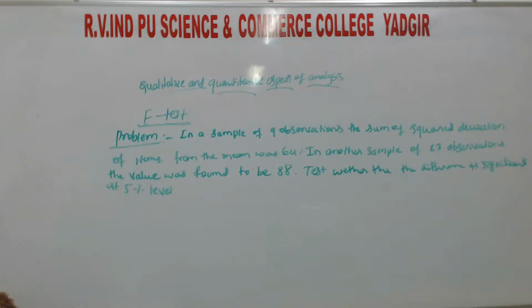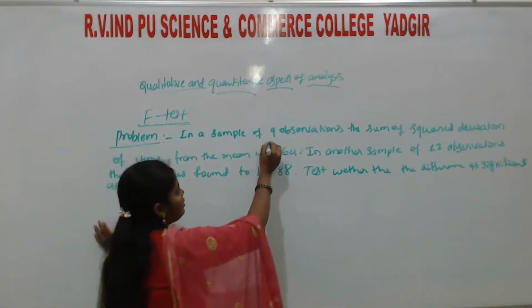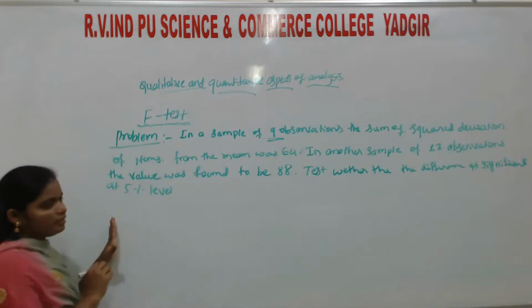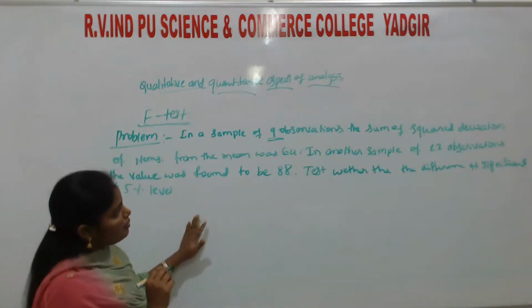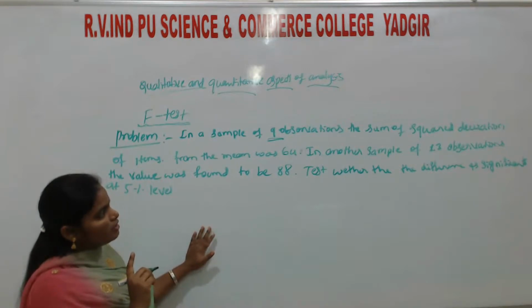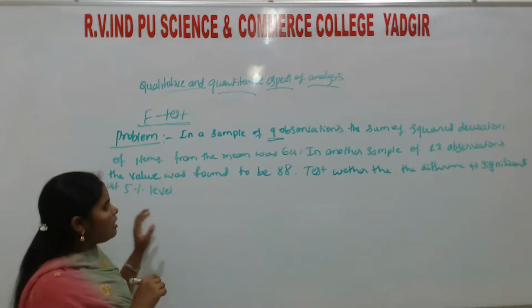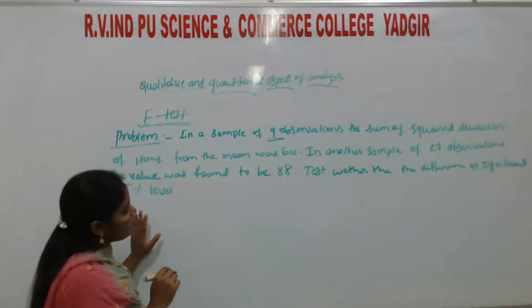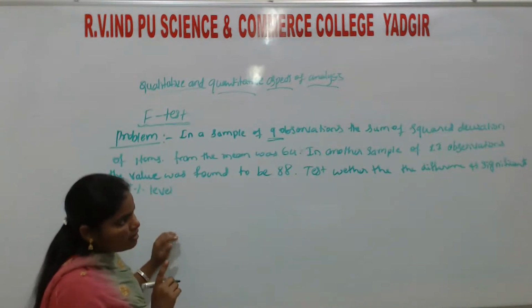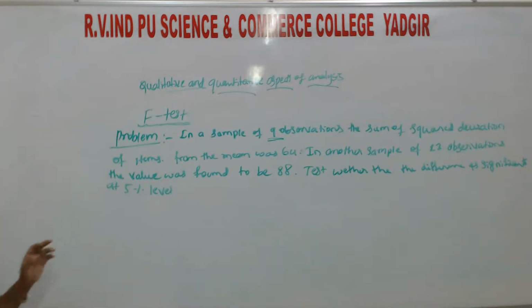Here, in a sample of 9 observations, the sum of squared deviation of items from the mean was 64. In another sample of 11 observations, the value was found to be 88. Test whether the difference is significant at 5% level.